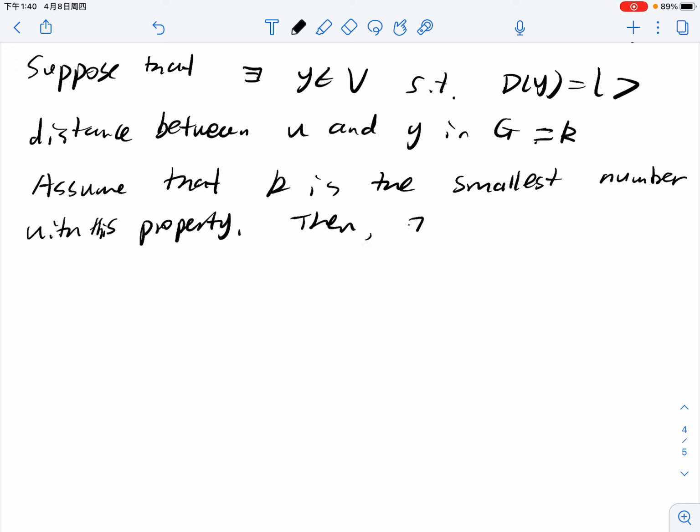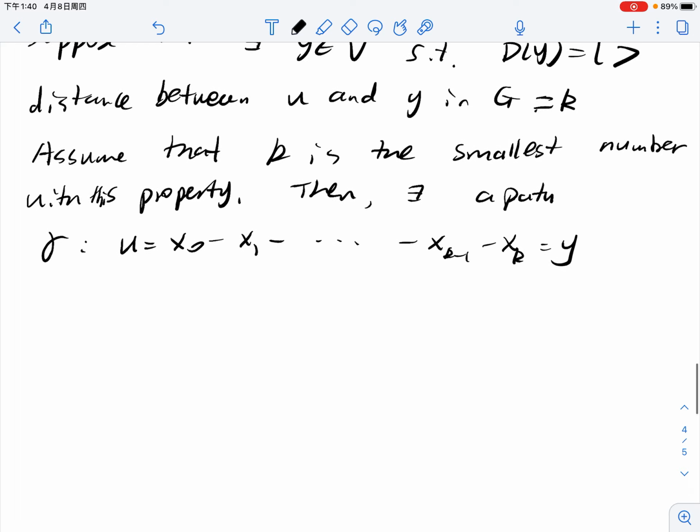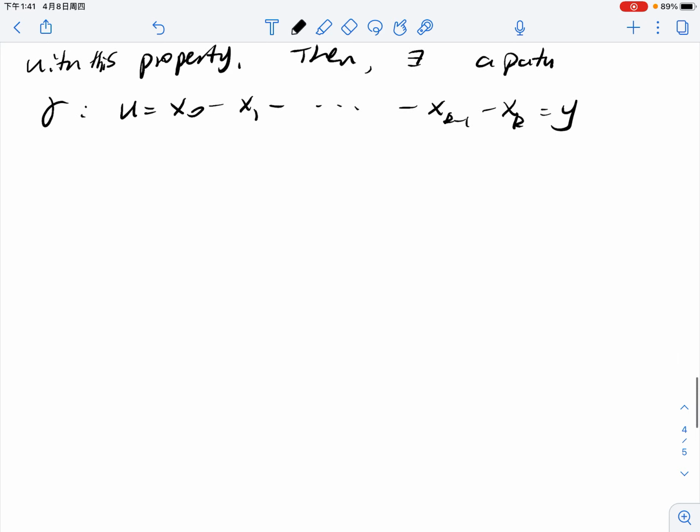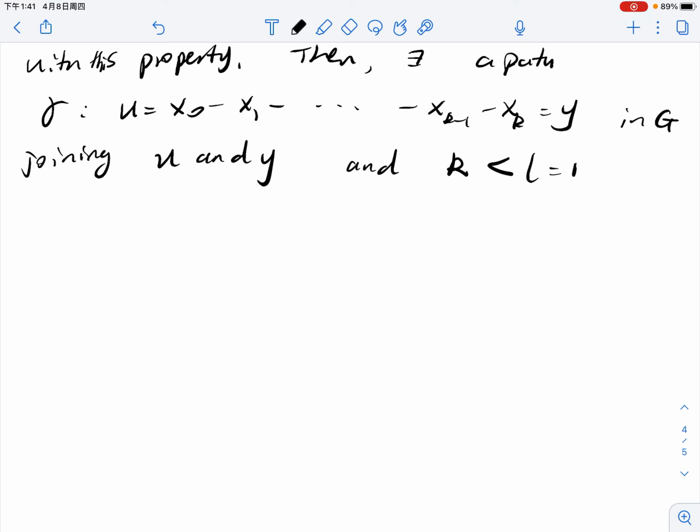Then there exists a path gamma starting with u, ending with y, and totally you have k plus 1 vertices, or equivalently has length k, in G, joining u and y, and k, the length of gamma, is less than L, which is dy.